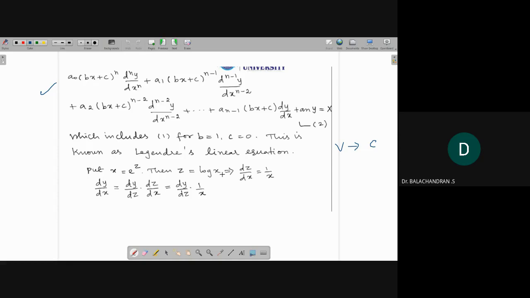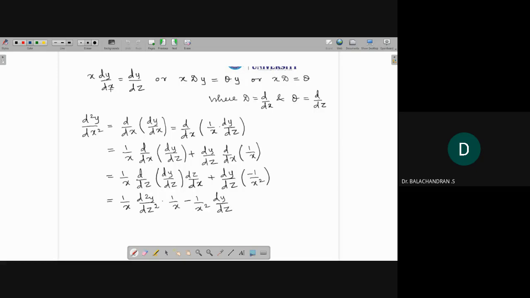If you differentiate with respect to x, dz by dx is equal to 1 by x. Now dy by dx we can write as dy by dz into dz by dx. Dz by dx is 1 by x. Now cross multiply by x. So x into dy by dx is equal to dy by dz.